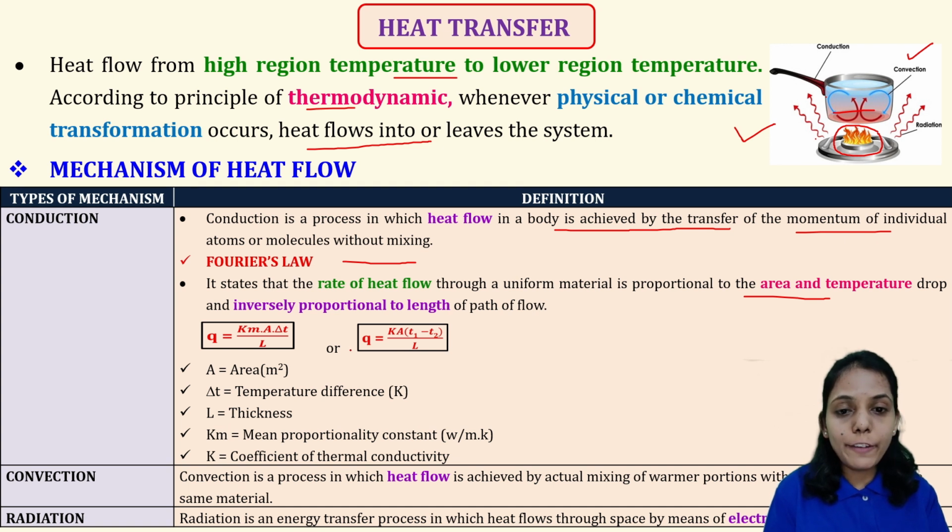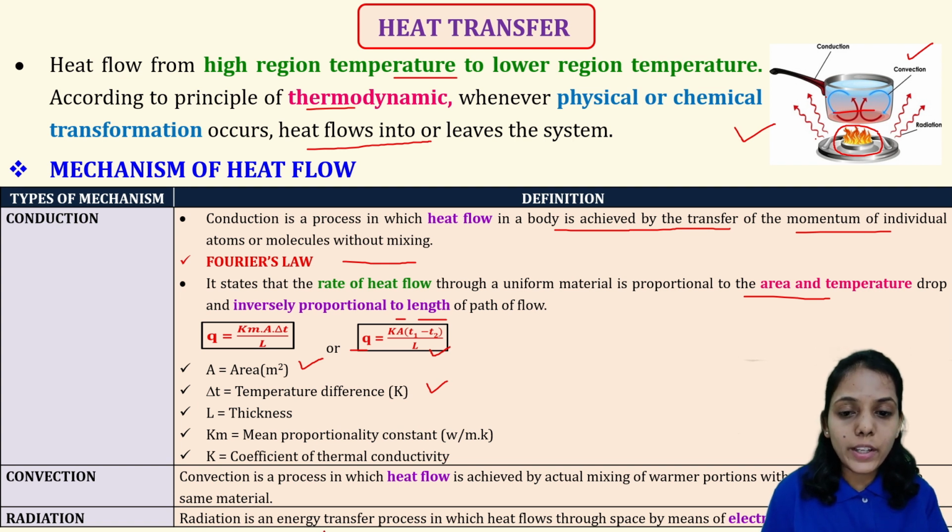Now Q, which is the rate of flow, is equal to K times A times (T1 minus T2) divided by L. Here K is a constant, A is the surface area, T1 minus T2 is the temperature difference, and L is nothing but the thickness or the length, which is inversely proportional. So K is the proportionality constant, the coefficient of thermal conductivity.